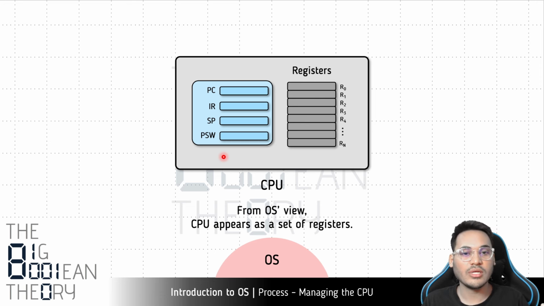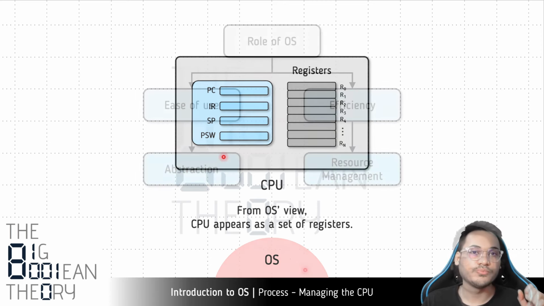Basically, the operating system can read or write these registers to communicate with the CPU, and it does not know how the underlying execution goes on. It doesn't even need to know. It just needs to communicate with the CPU using these registers. Now that we have a good idea of how the interface of the CPU appears to the operating system, let us see how the operating system manages the CPU.